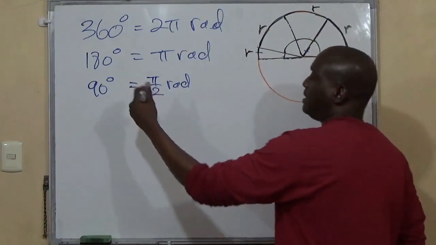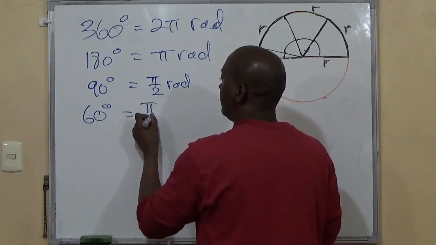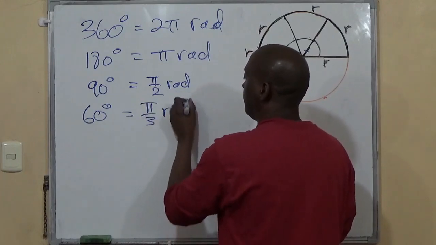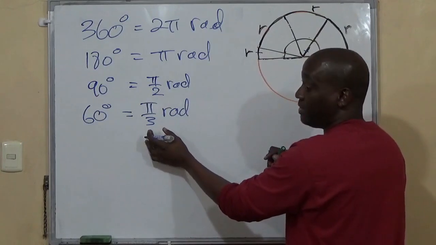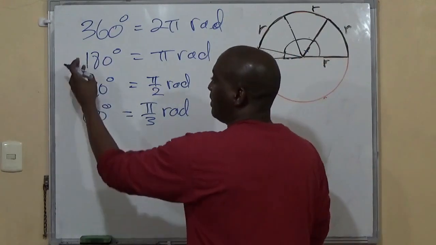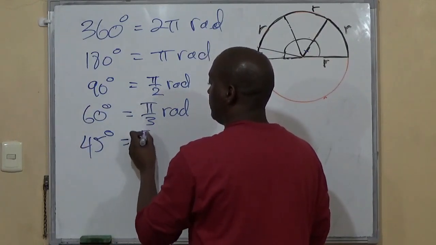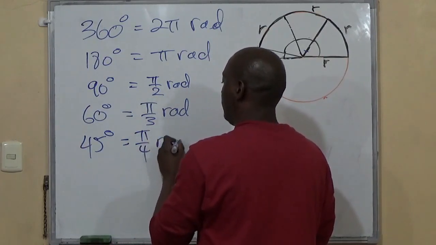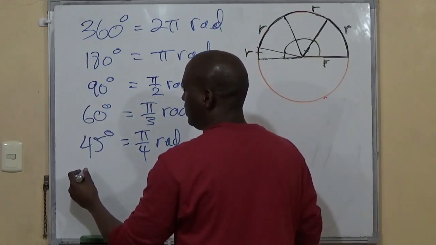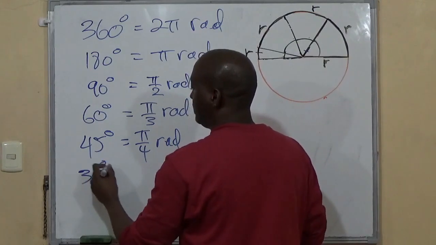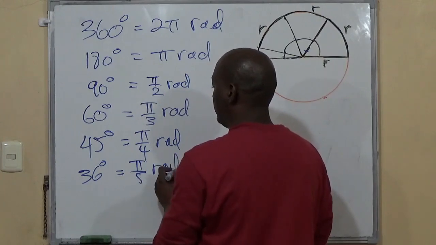If we divide 180 by 3, we get 60 degrees is pi over 3 radians. We divide 180 by 4, 45 degrees is pi over 4 radians. We divide 180 by 5, that will be 36. 36 degrees is equal to pi over 5 radians.